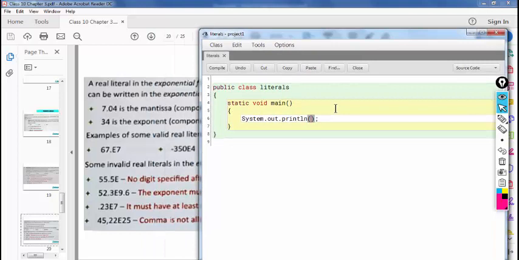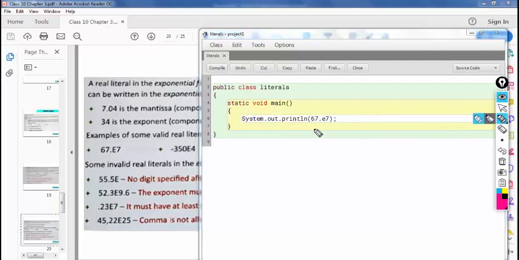So if I write 67.E7, and E can be either capital or small, it does not matter. So what do you think the output for this will be? So the question is, what is the output of this number here, 67.E7?